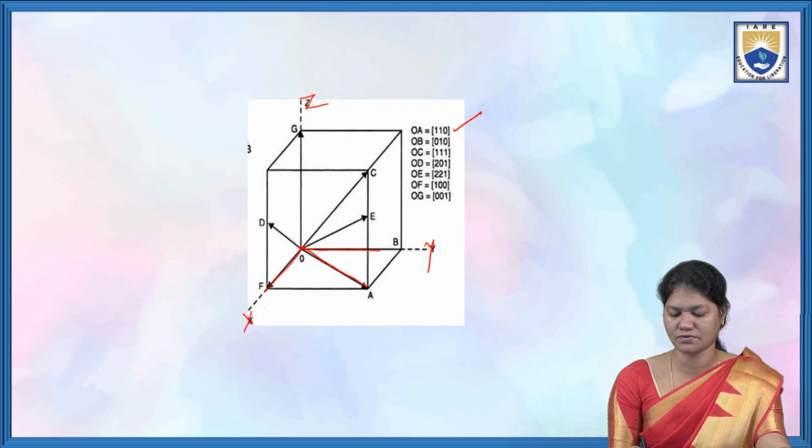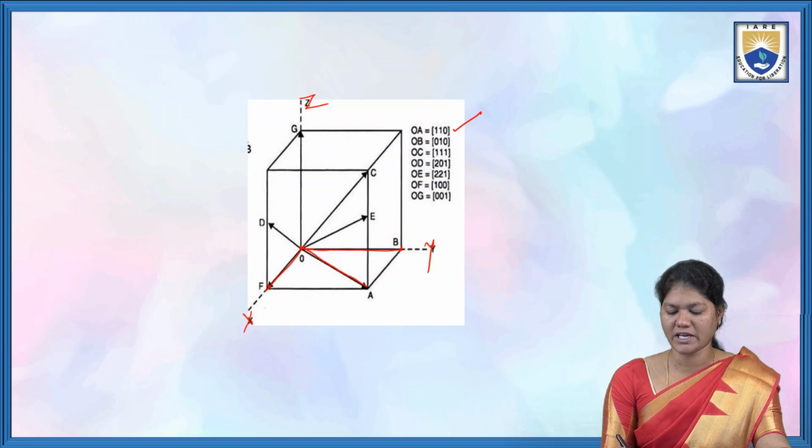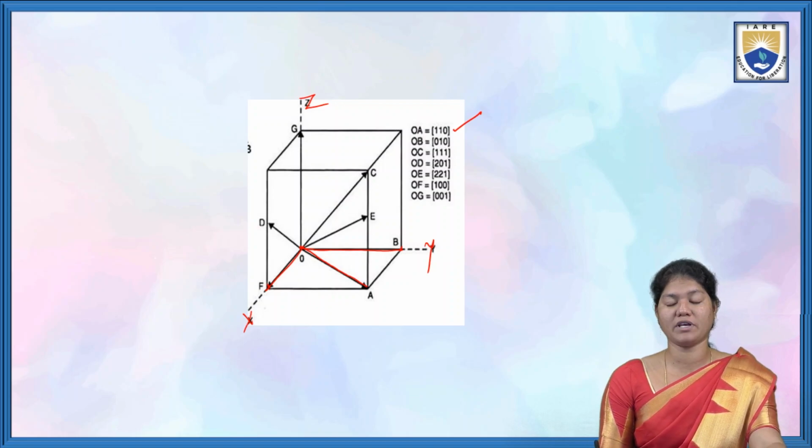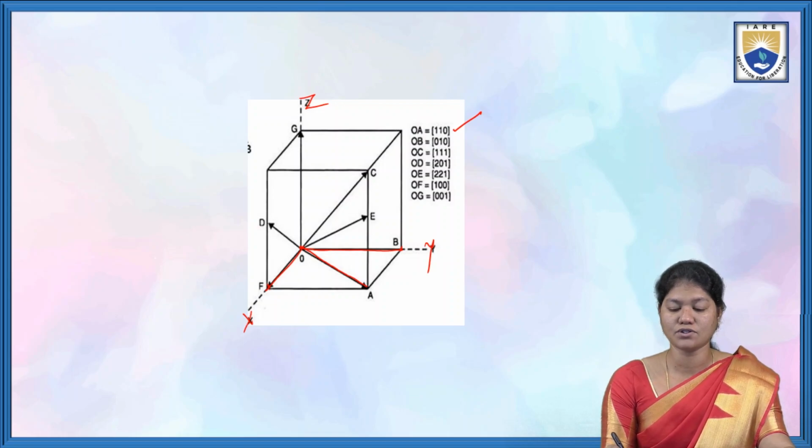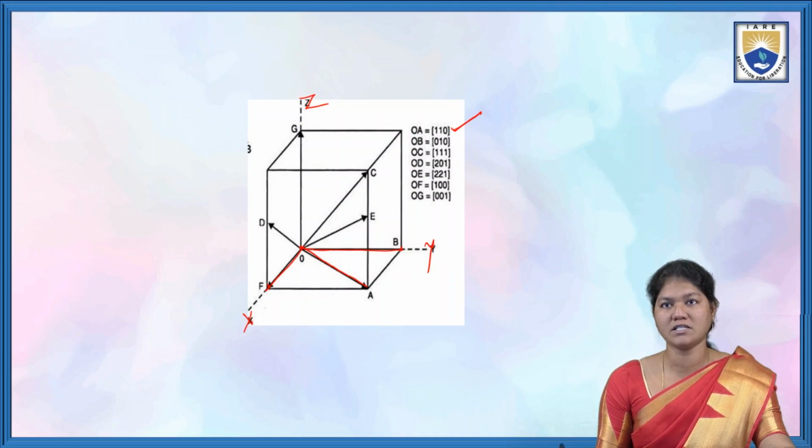That is why we take an intercept on the x-axis and an intercept on the y-axis, but none on the z-axis. So the direction of OA is 1, 1, 0.